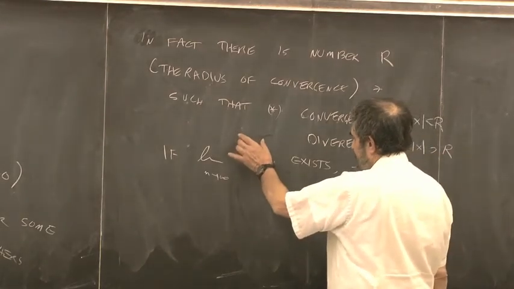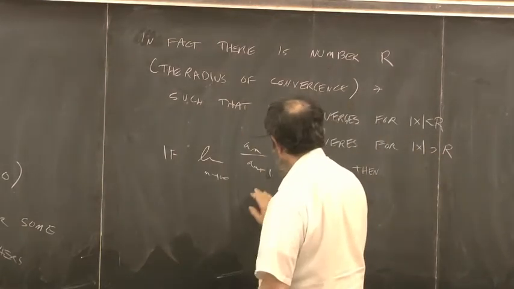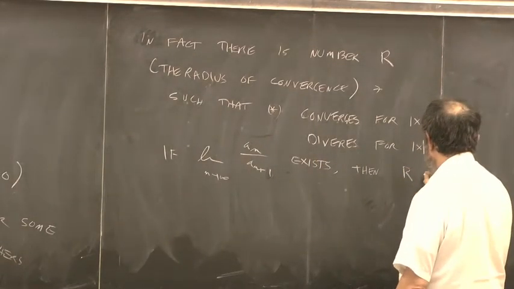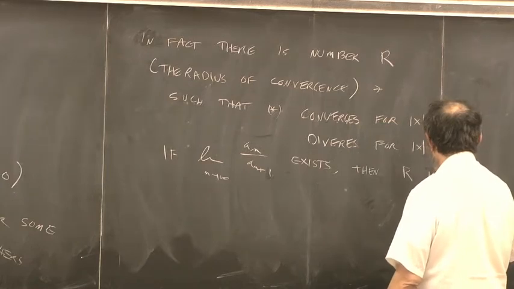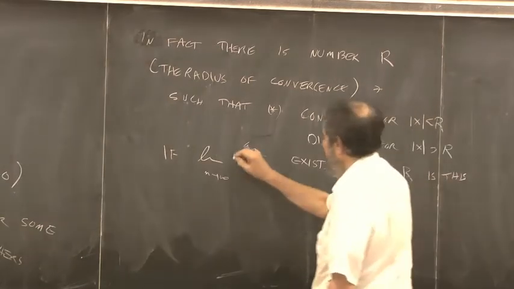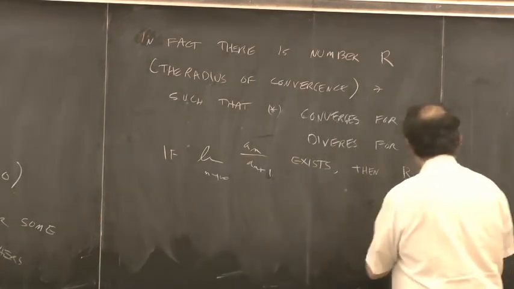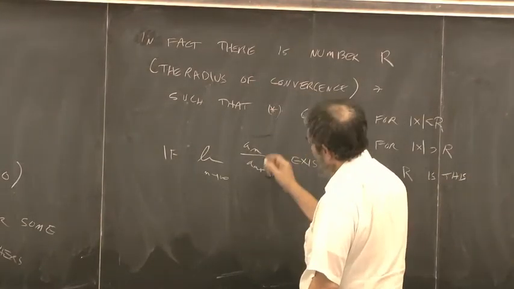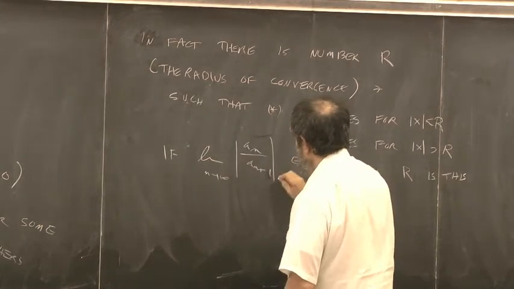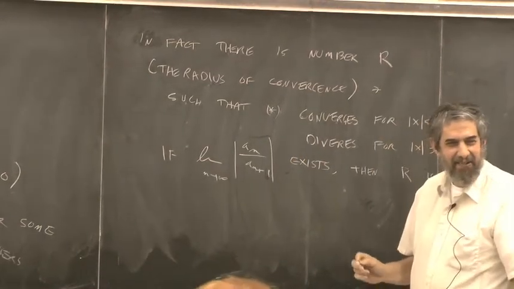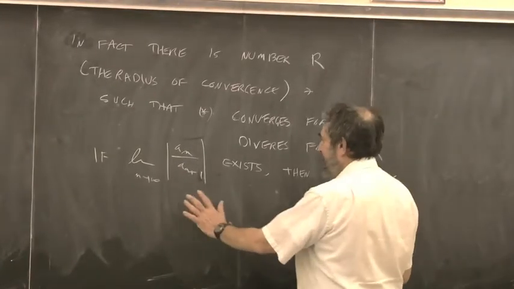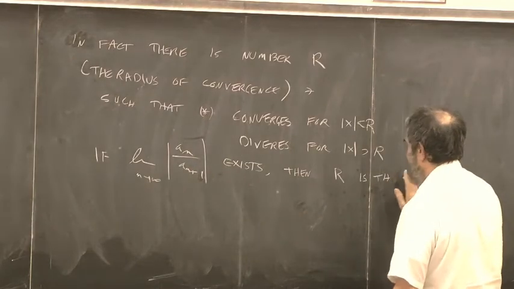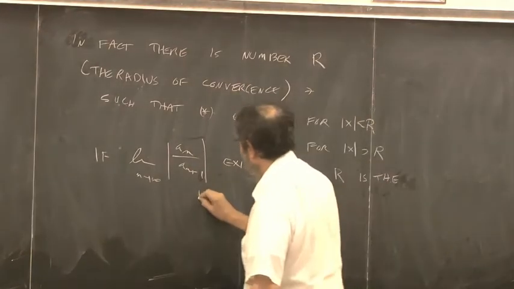I guess we want it the other way around. Then R is the absolute value of the limit. The limit might not exist without the absolute value. Well, it was a true statement, just weak. Weak but true, right? I'm only going for the minimum here. Then this R is the radius of convergence.